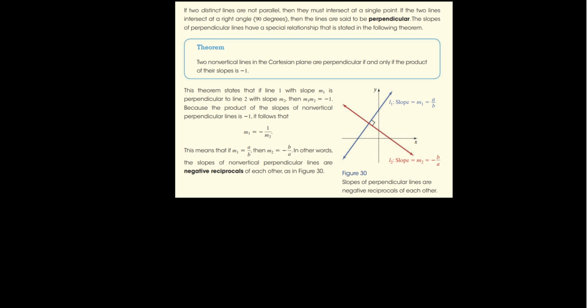Actually, let's rotate back to the theorem here. I said if we had a over b, then the negative reciprocal, I'm going to put multiplication here because I'm going to try and follow along with this theorem, would be negative b over a.